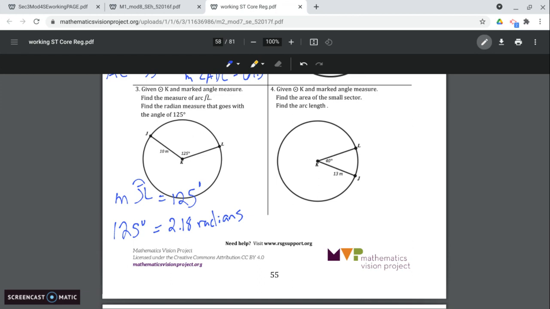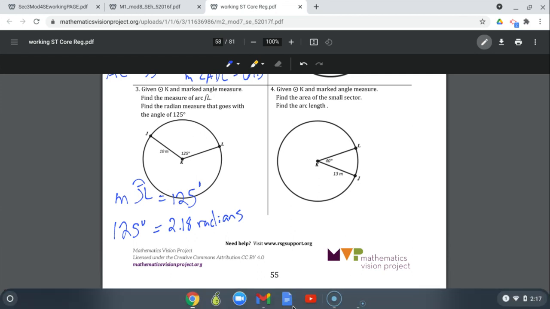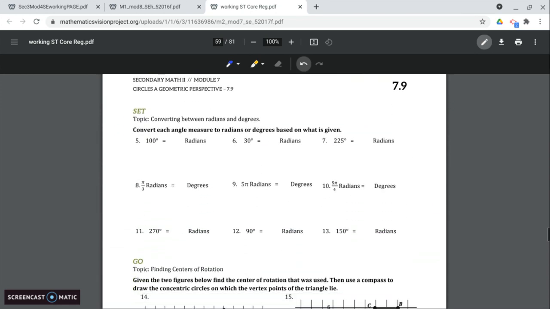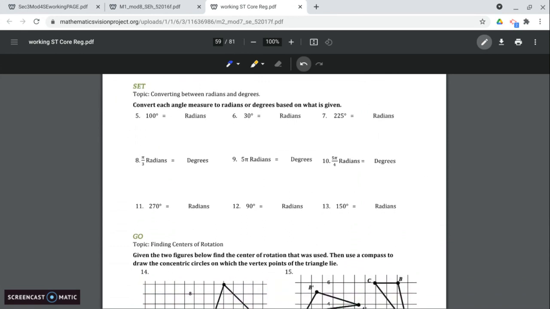Hang on, my brain is malfunctioning here. Take the degrees, 125, divide it by 180, and then multiply it by pi. If we find what that is, we would find that it's 2.18 radians. So what we're doing here is converting between radians and degrees. Converting is your key word for this lesson.